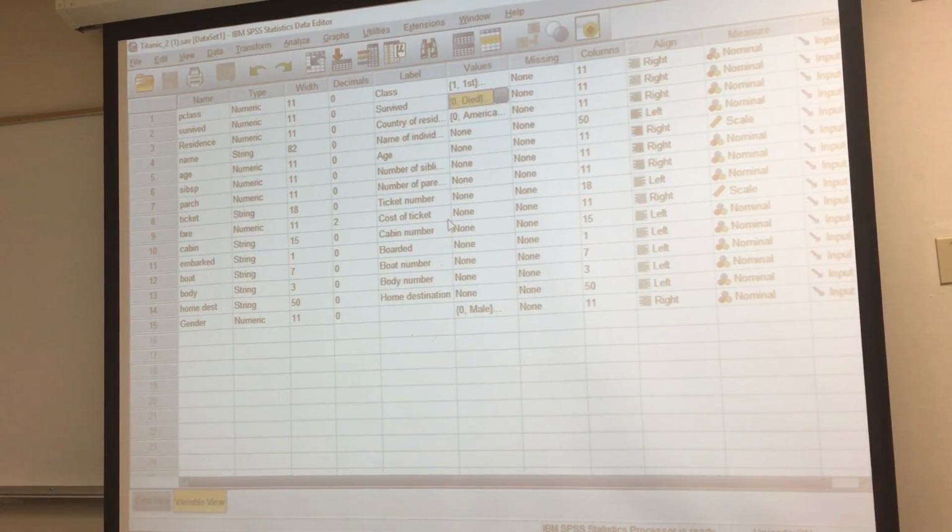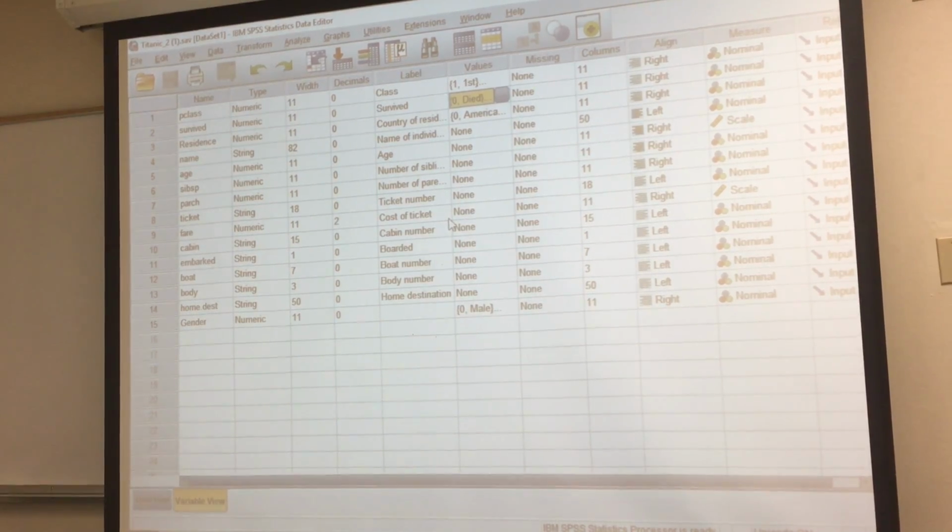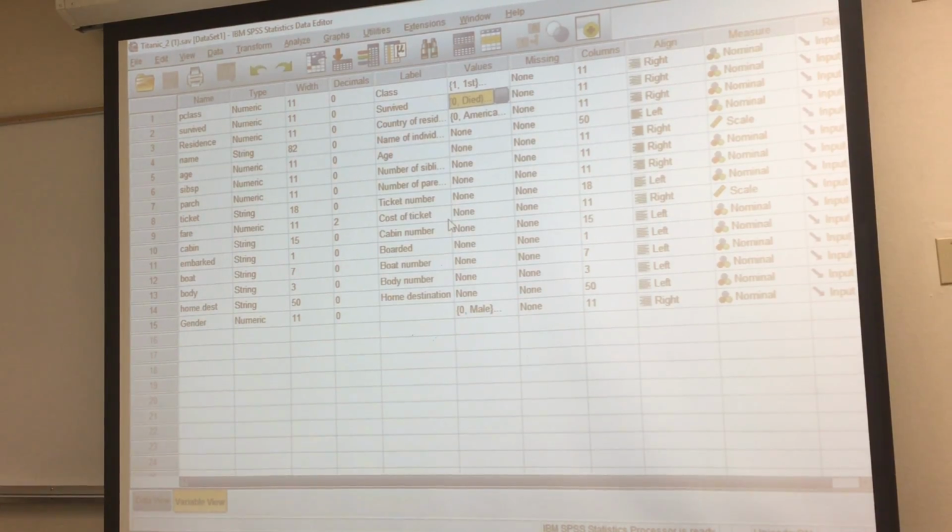This data is about the records of how many people survived the Titanic incident. In history, there was a ship called the Titanic, and it sank in the Atlantic, and some people survived, some people didn't.